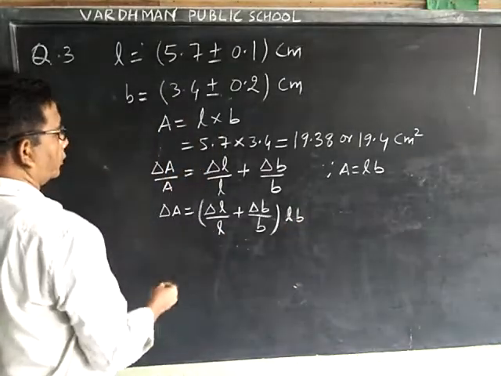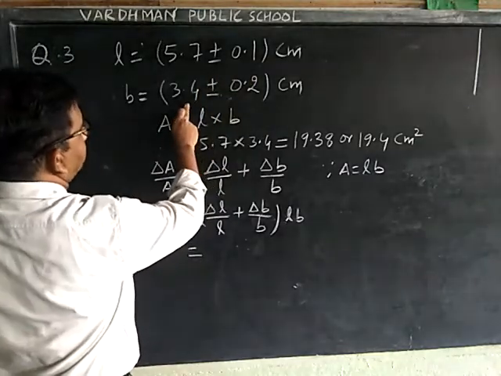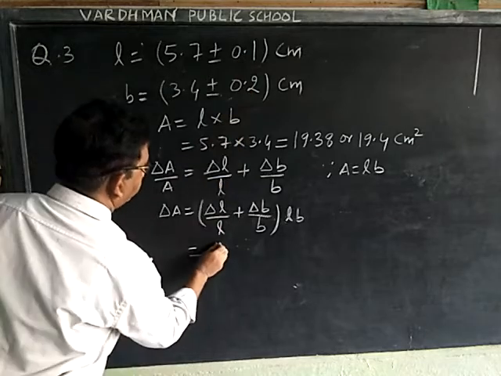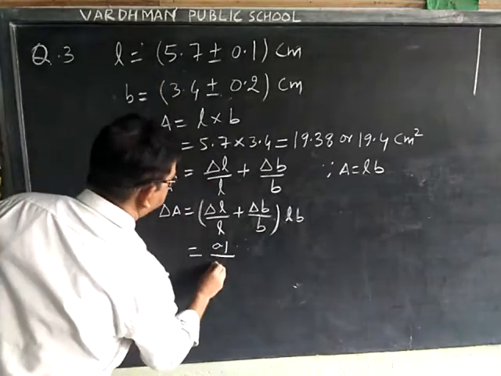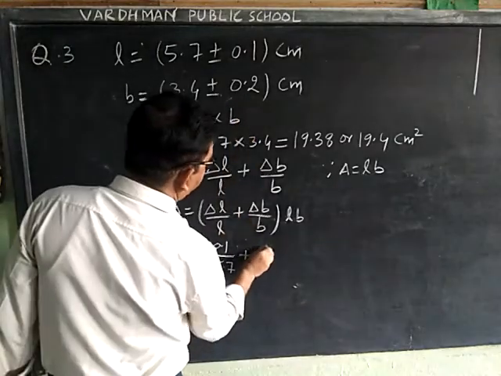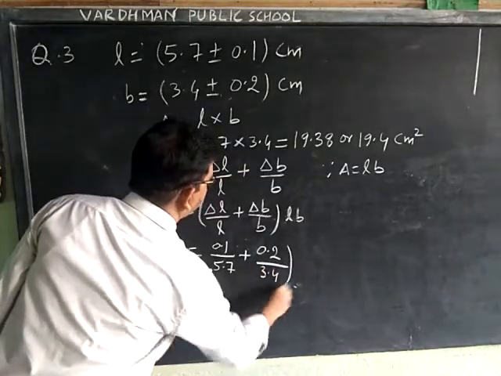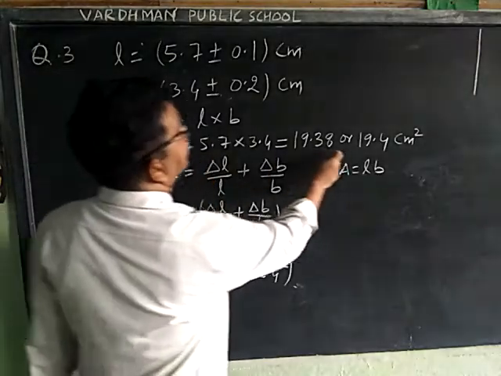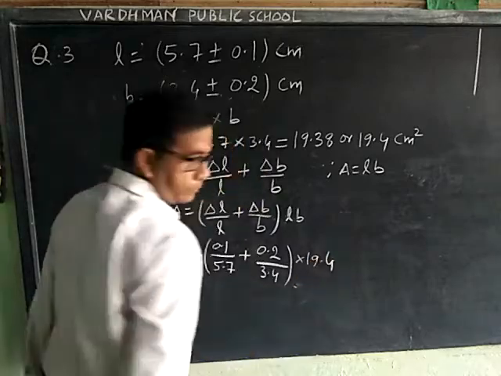Now we will put the values. This is L plus minus delta L, this is B plus minus delta B. Then delta L is 0.1 upon L 5.7 plus delta B 0.2 upon B 3.4, into L into B. What is the value of L into B? 19.4.